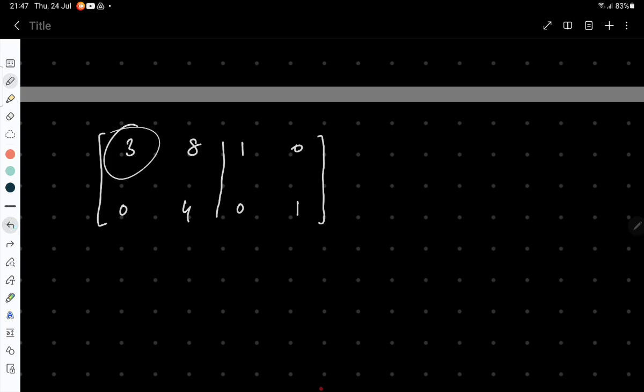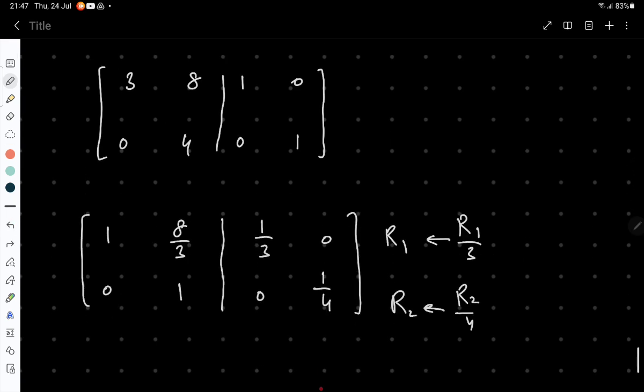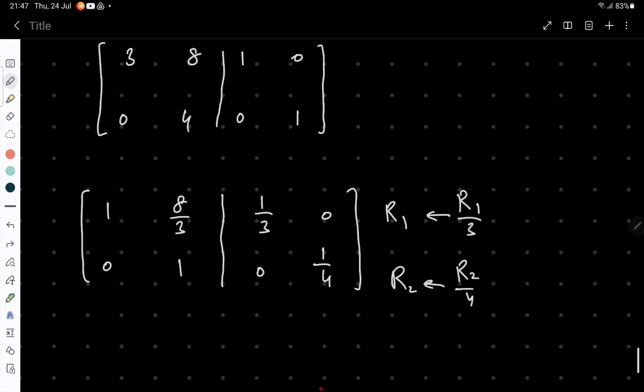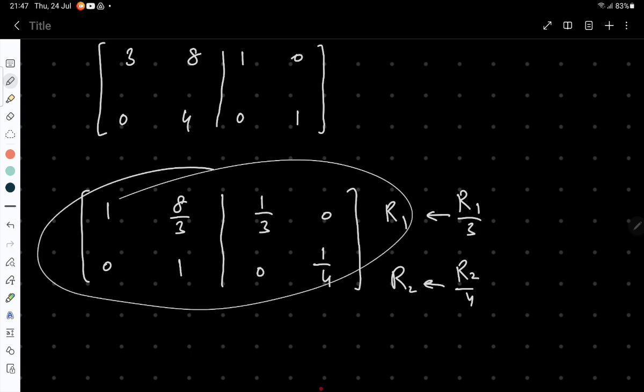How can I make this one? If I divide R1, row 1, by 3. And how can I make this one? If I divide R2 by 3. So I will do these two operations. I have divided R1 by 3 here, and then I have divided R2 by 4 here. I got this matrix.